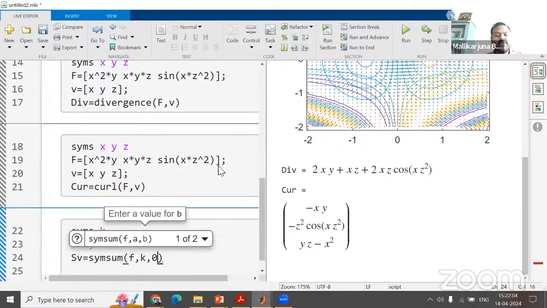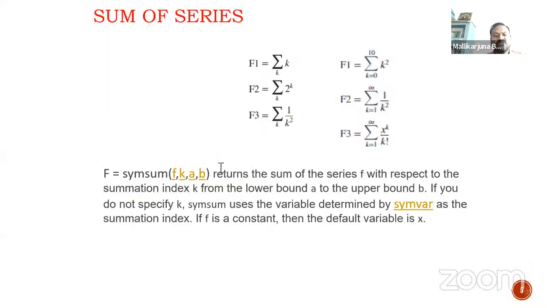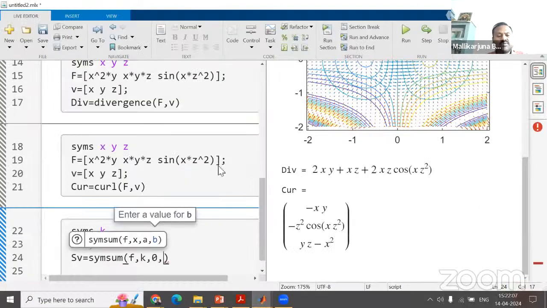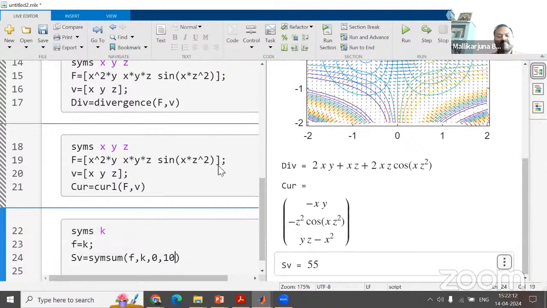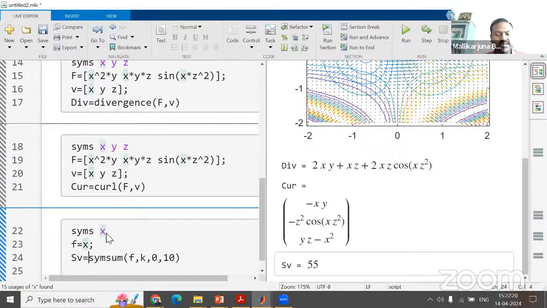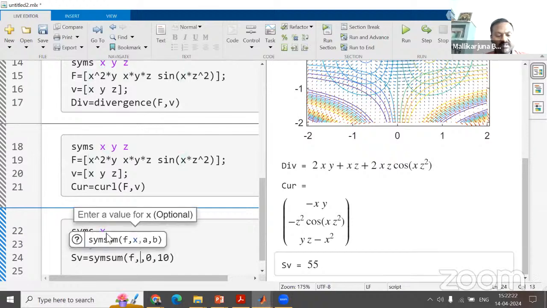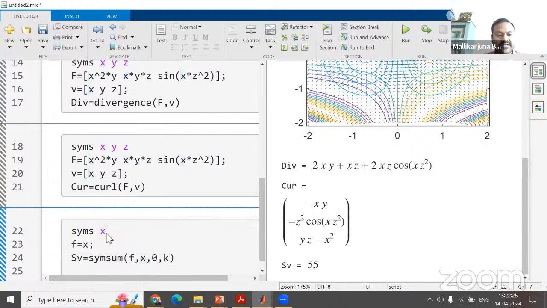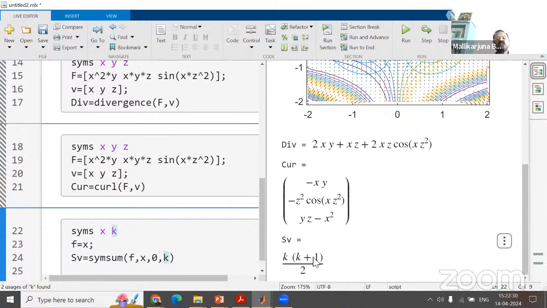But what is the starting point of the series? 0. 0 to a certain value, suppose this is 55. Otherwise, suppose you take the x value, this is x only. Now this x from 0 to k, if you take like this, then k also you define as a variable. You can see the formula.